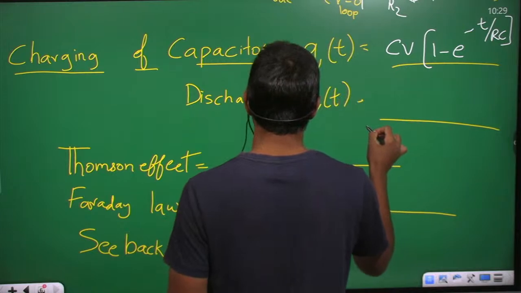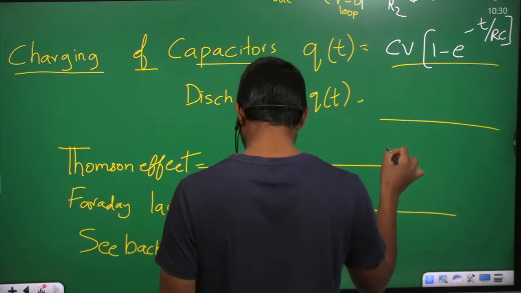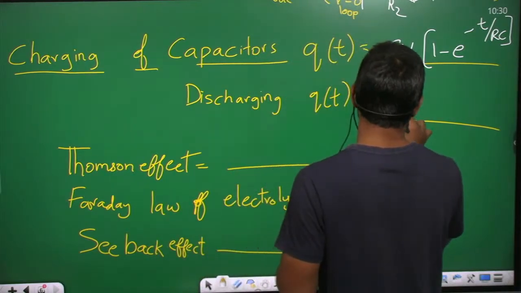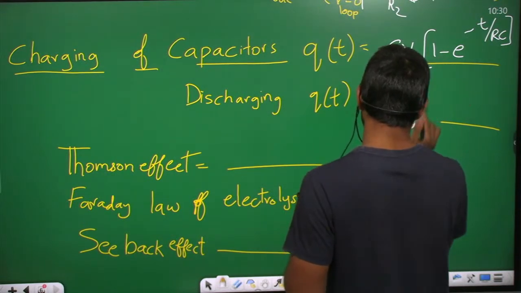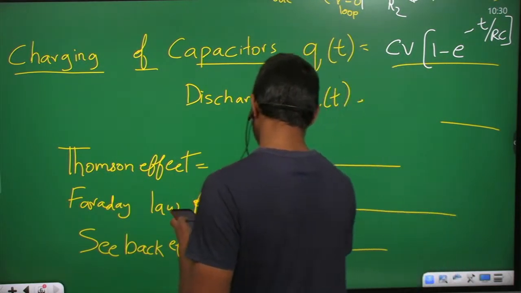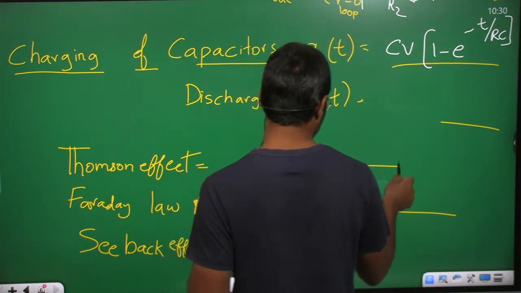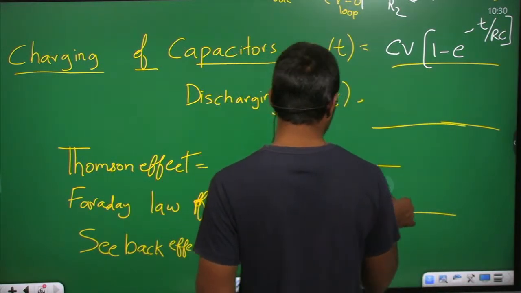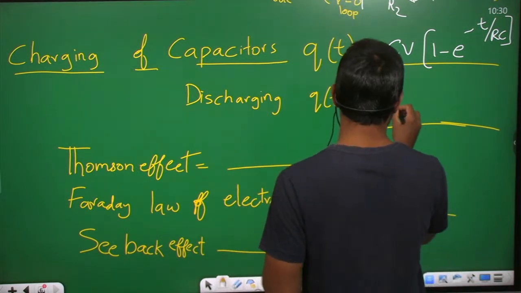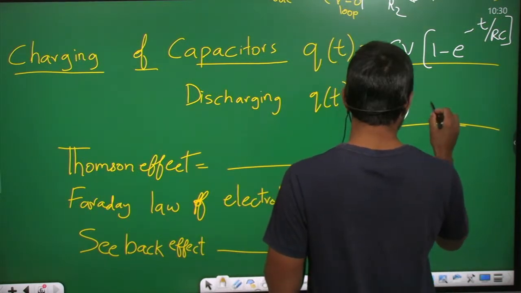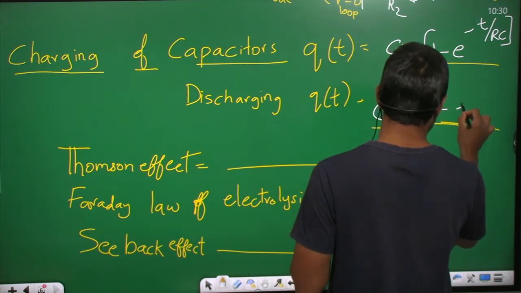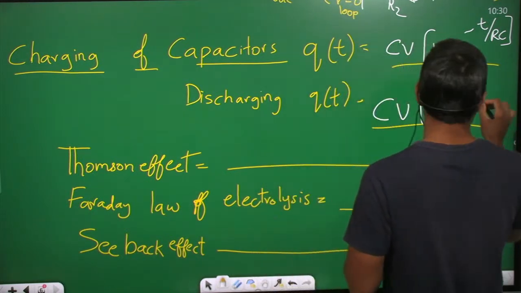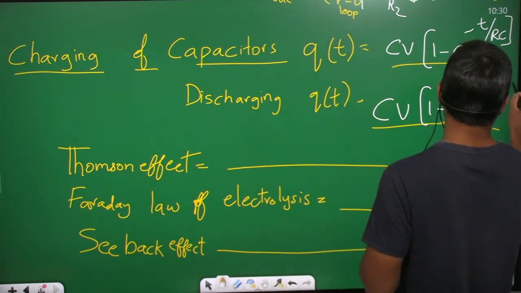What is Q(t) for discharging? Q(t) is equal to CV in terms of 1 minus e power minus t by RC, right?